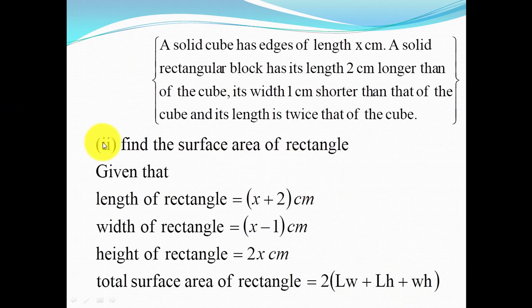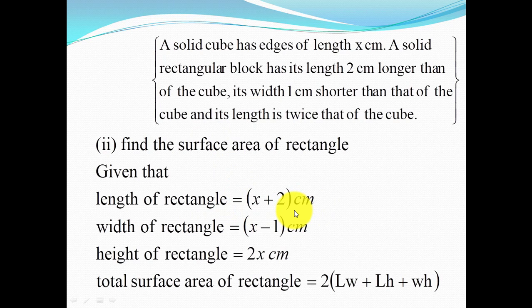Next, the second part is to find the surface area of the rectangular block. Now first we write the length, width and height of the rectangle. In this statement, a solid rectangular block has its length 2 centimeter longer than the cube, it means the length is x plus 2.